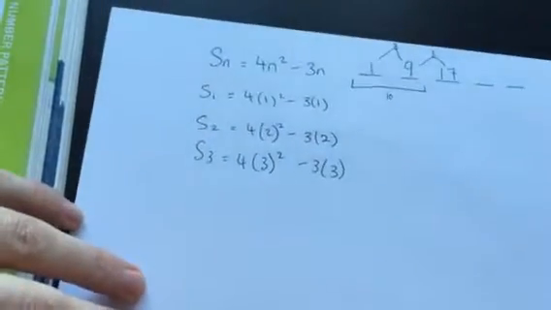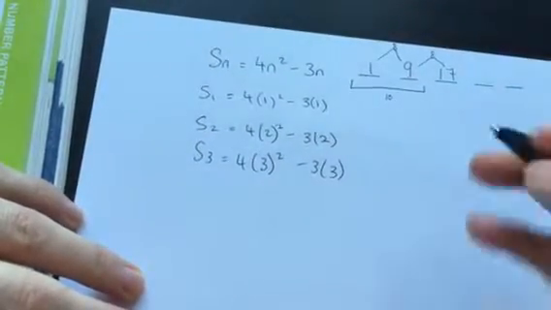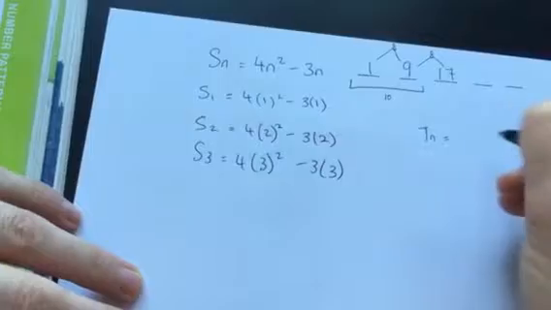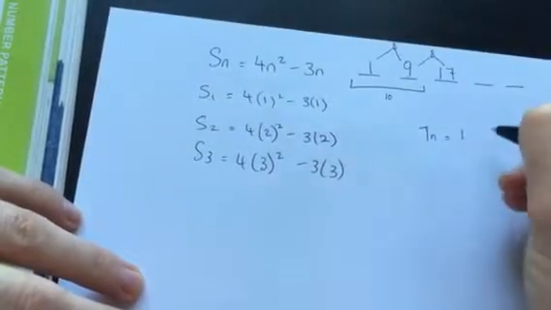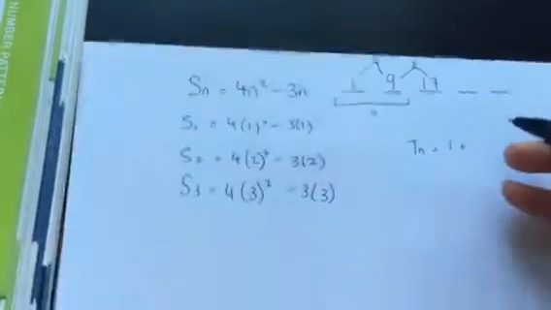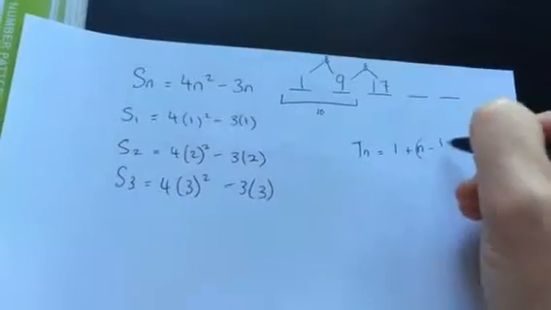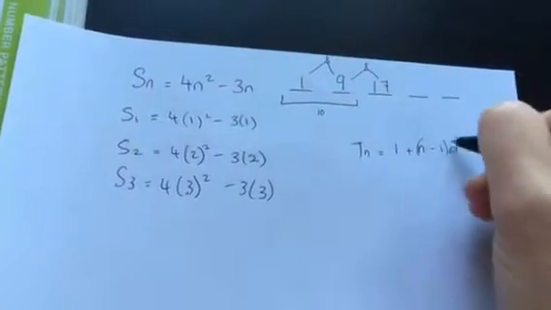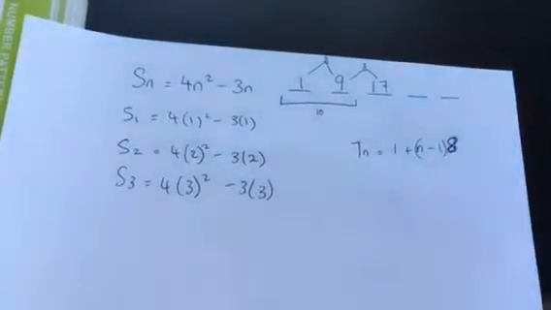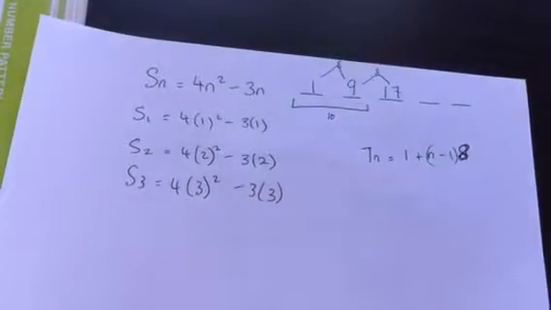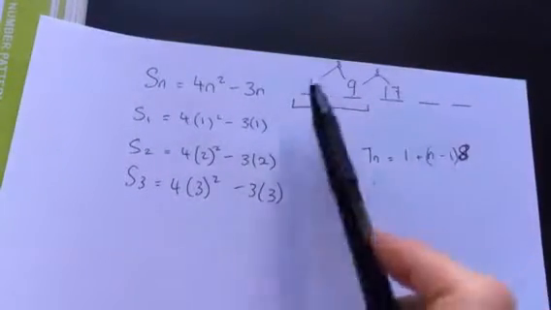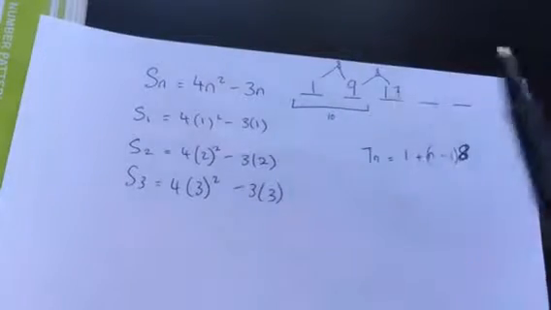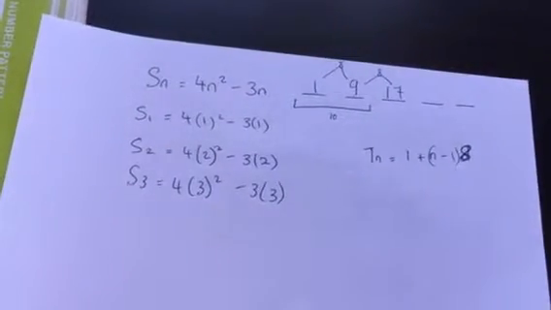So we now know our pattern. And we could, if we wanted to, get Tn for this, because we now have a plus (n minus 1) times d, which in this situation is 8. Work that out and you have Tn, and then you can find out your whole sequence, or any part of your sequence in a quick way.